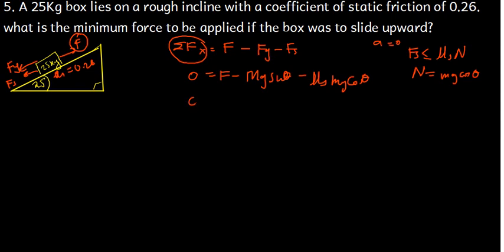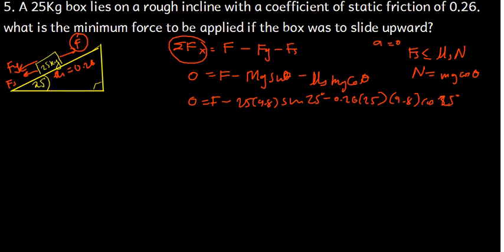So this will give us 0 is equal to force minus our mass, which is 25, gravitational pull 9.8, and then sine of the angle, 25, minus mu s, which we've been given as 0.26, times the mass, which is 25, g is 9.8, and then cos of the angle, 25.